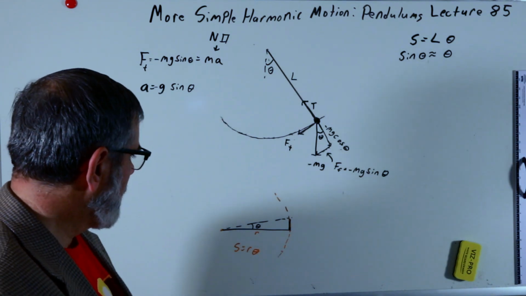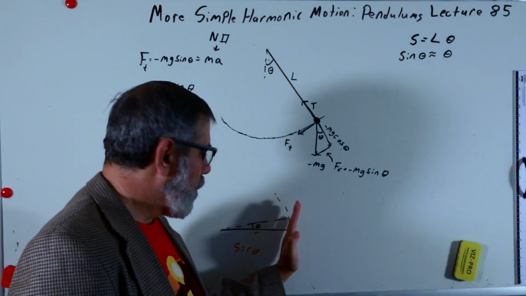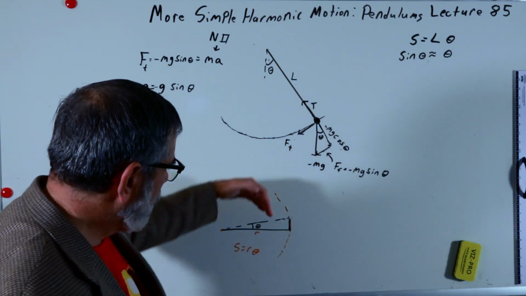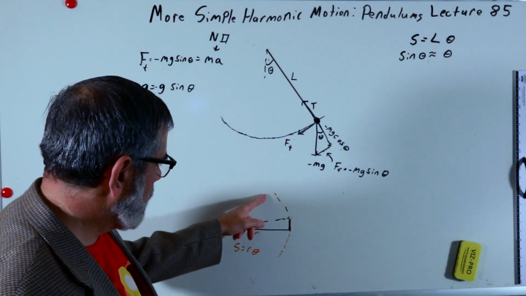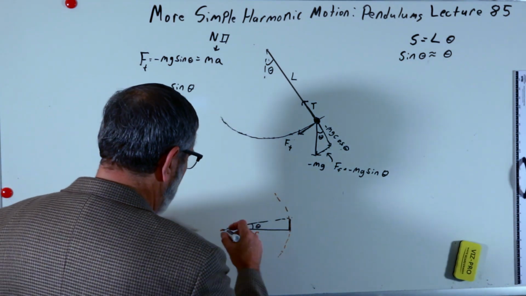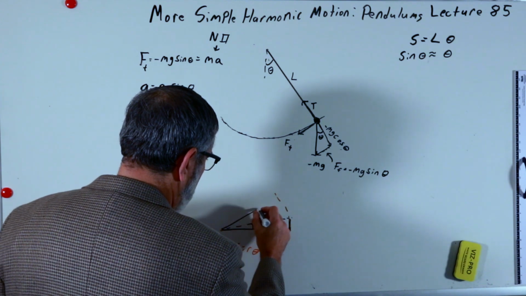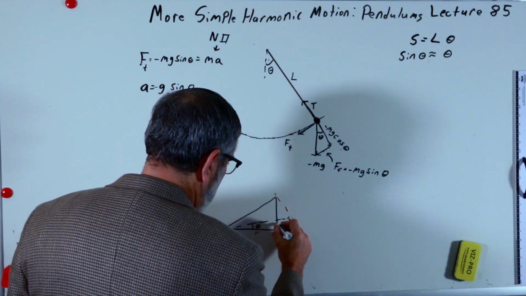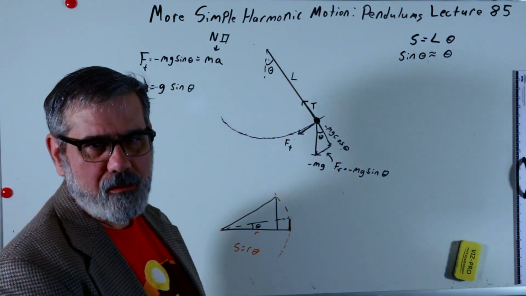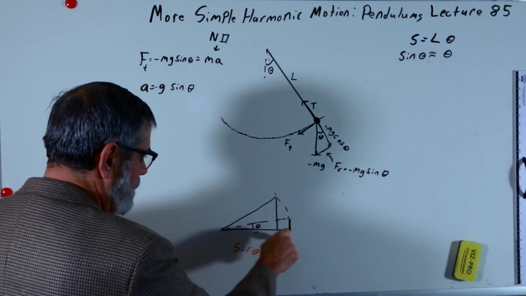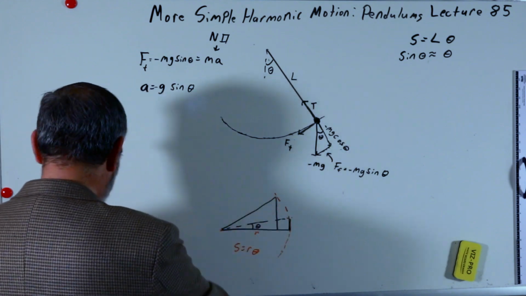This chord is equal to this little section of arc if the angle is really small. If the angle is big, you can see that's not true. If I go for a big angle, like say over here, here's the chord, here's the arc. Obviously not the same, yes? But if the angle is small, then the chord and the arc are about the same.